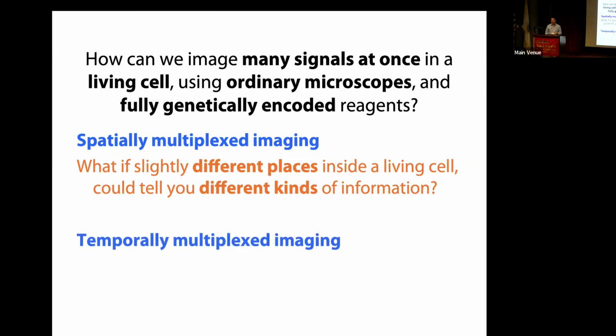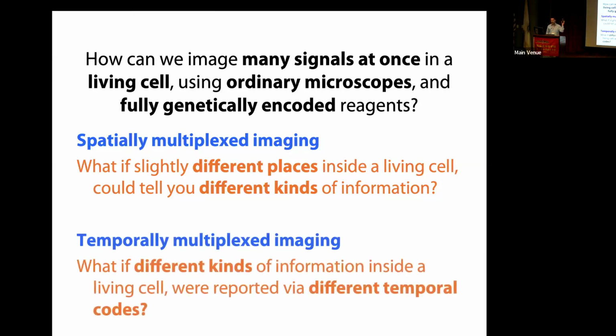The other idea is temporal multiplexing. So if we all made a call on our cell phones right now in this room, it actually might work. And it's because our phones have orthogonal codes. And even if we're all fighting over the same antenna, the orthogonality lets us sort out the calls from each other. So we asked the question, what if we could have different temporal codes associated with different signals?